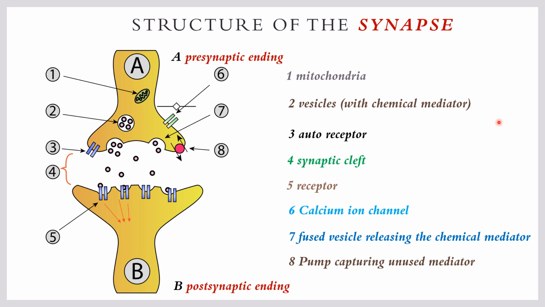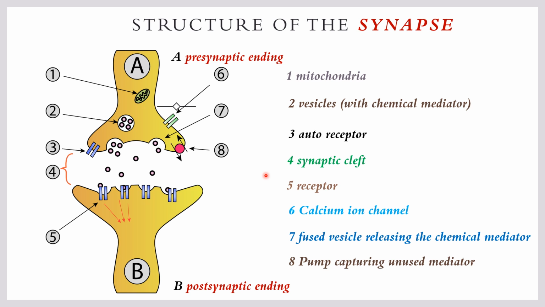In our brain, we can assume that for the most part only chemical synapses function. Of course, we have electrical synapses as well, primarily in areas like the retina. But today we are discussing the structure of the chemical synapse.